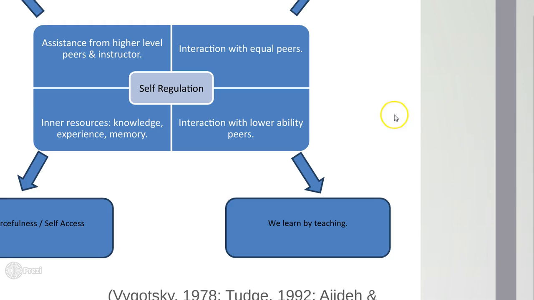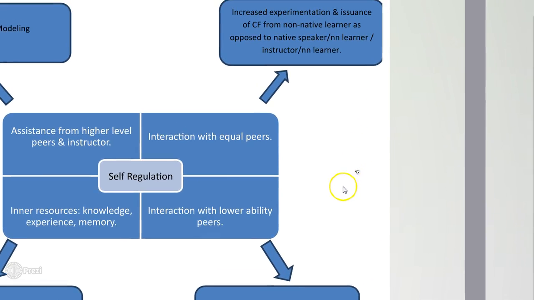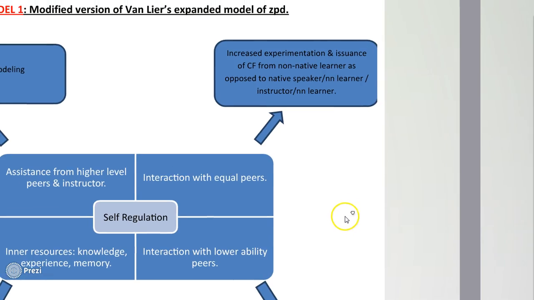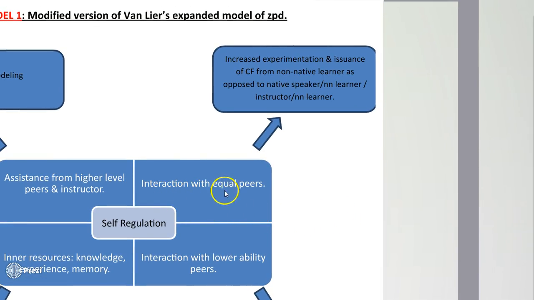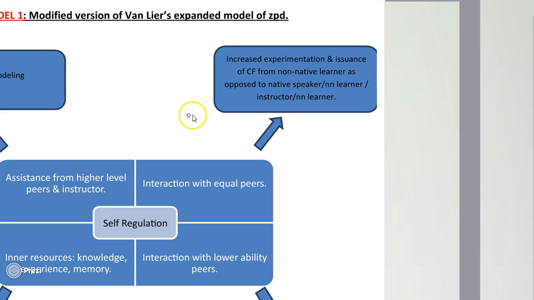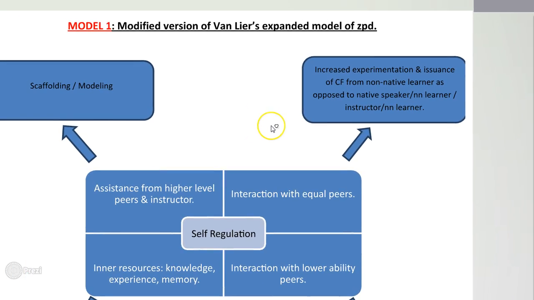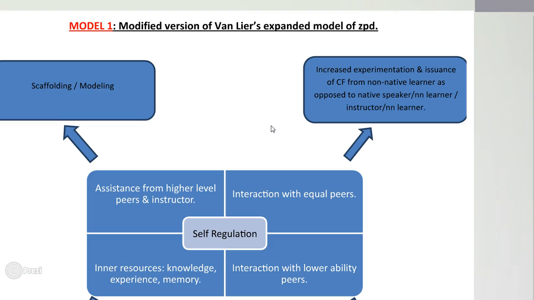And this same student, when interacting with equal ability peers, may increase their level of experimentation using different language structures or the form being targeted in class. Also, this same student may increase the rate of issuing corrective feedback and experimenting with it.